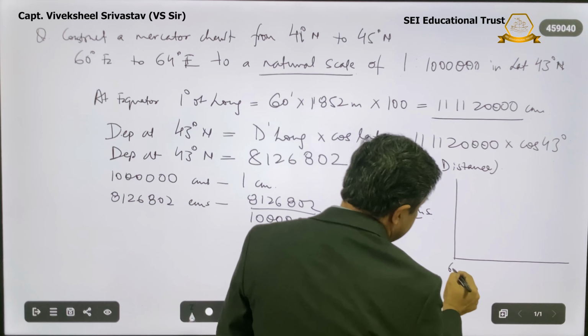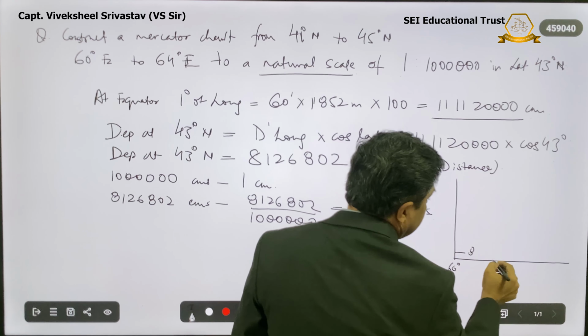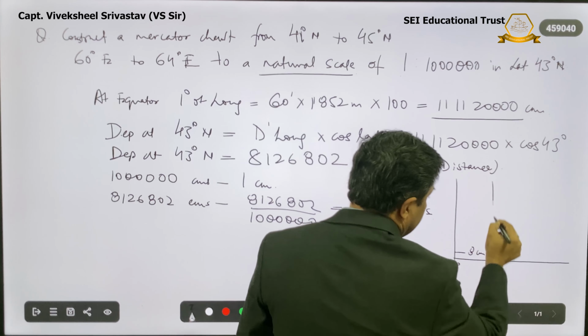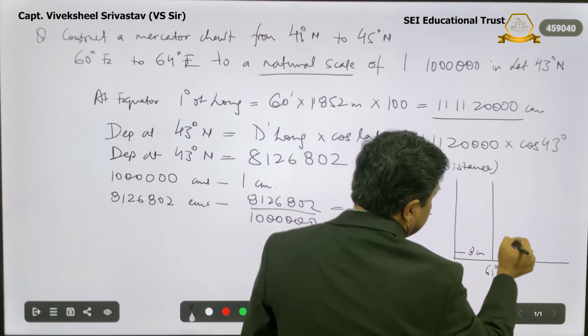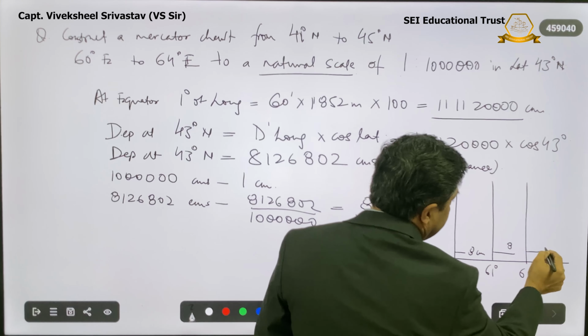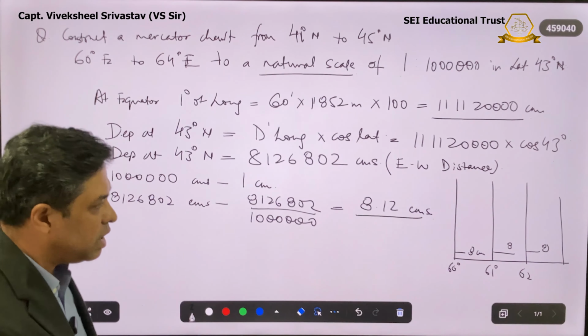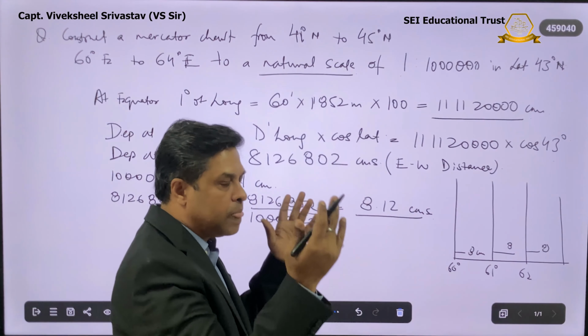So, okay, 60. Then after 8 centimeters, I draw another meridian 61 degrees, another 8 centimeters, 62 degrees, 8 centimeter, like that after 64 degrees. All right. So I got my meridians in place on the chart.